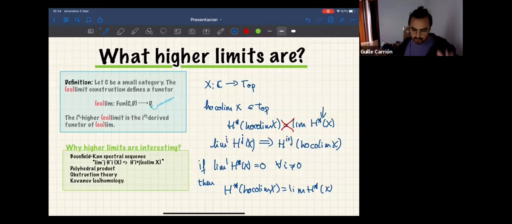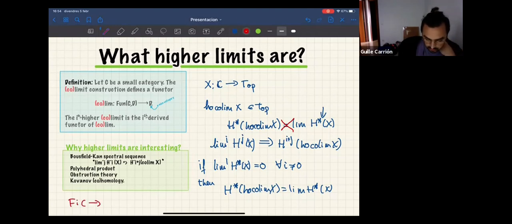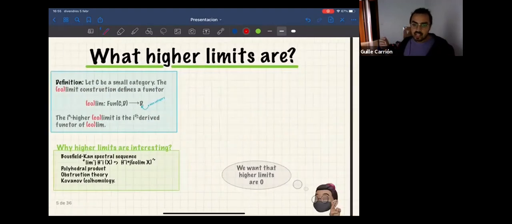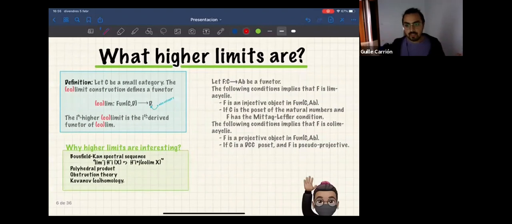This property is important, and we say that a functor F from C to abelian groups is lim-acyclic if every higher limit is 0, and we say that it is colim-acyclic if every higher colimit is 0. Then we want higher limits to become 0, and there are well-known conditions that imply lim-acyclicity and colim-acyclicity.